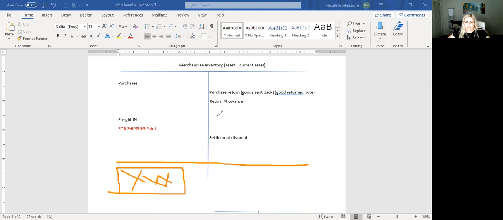So let's say a sale happens. When we recognize a sale happening, we're going to have to credit merchandise inventory and debit cost of sales.